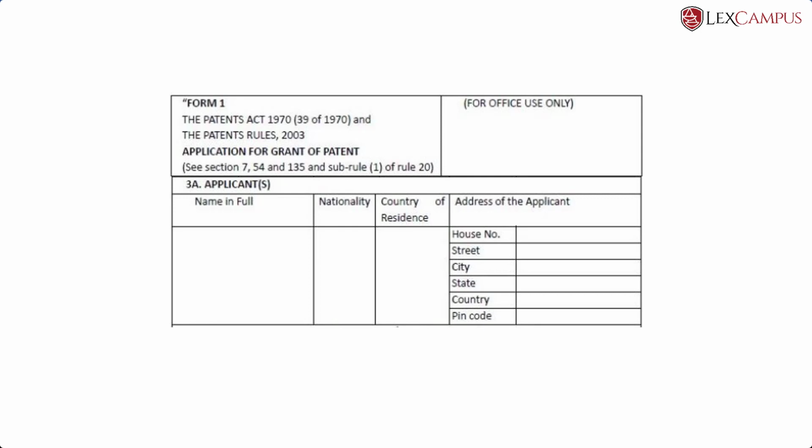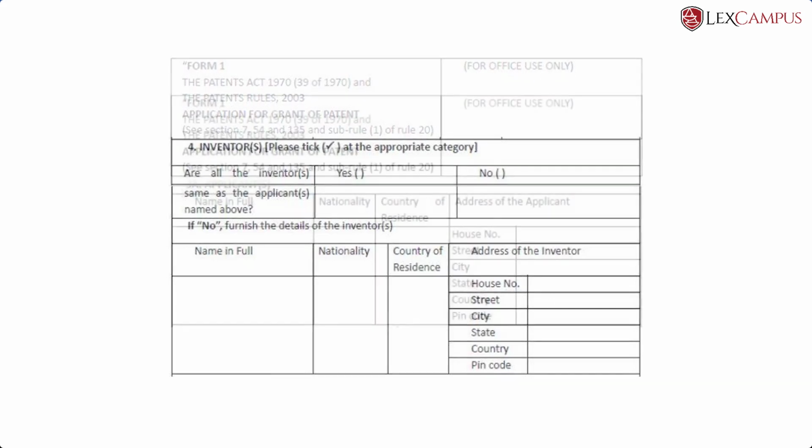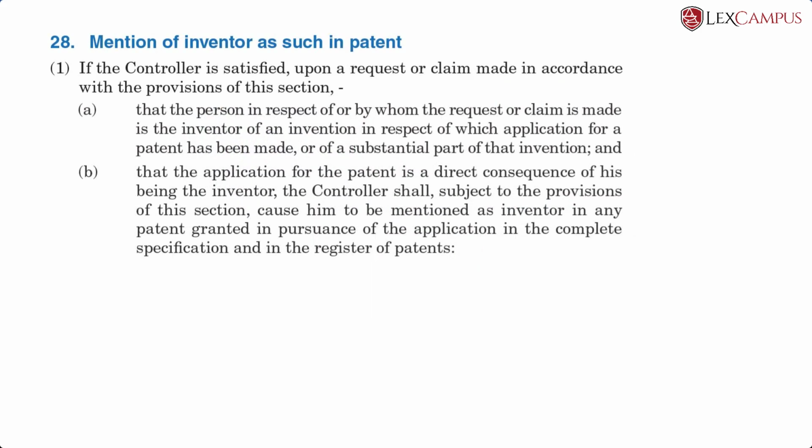You will see that form 1 clause 4 gives the place where you have to enter the names of the inventors. That's mandatory. You cannot file a form 1 without having the inventor's name in it. And clause 3A, you have to mention the applicants. So, these are two different entities.